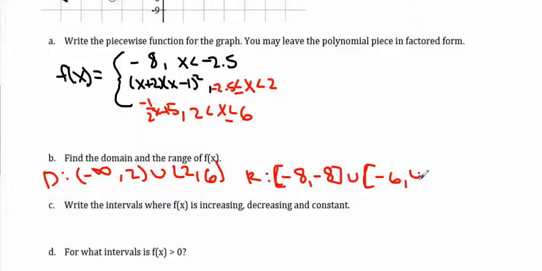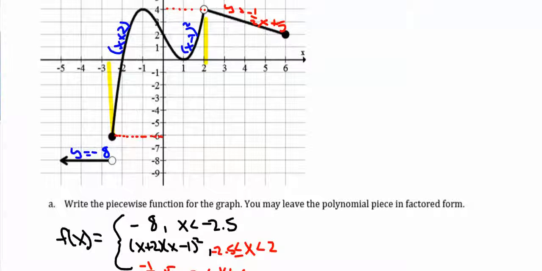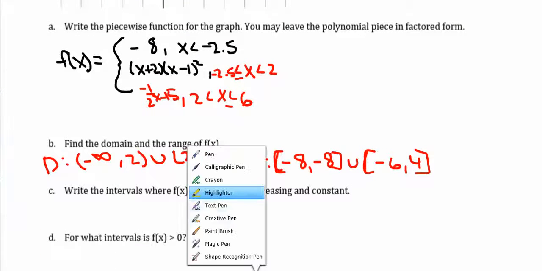So negative 6 to 4. Write the intervals where f of x is increasing, decreasing, and constant. Let's first look at increasing. I'm going to highlight this in green. Remember, we always do intervals in terms of x.